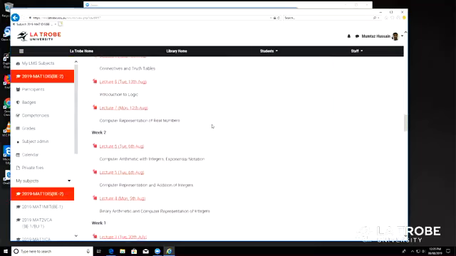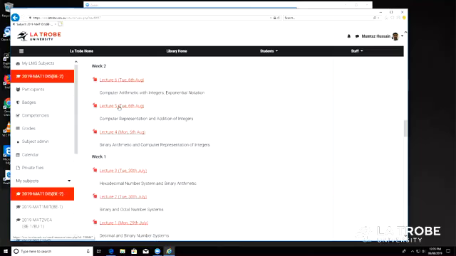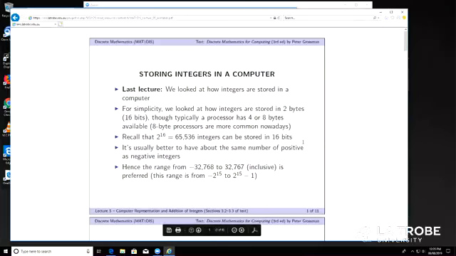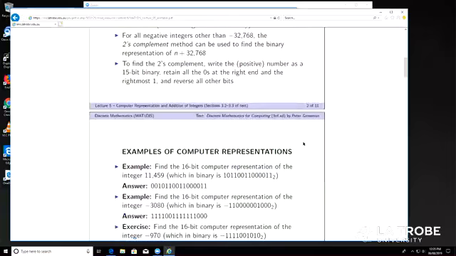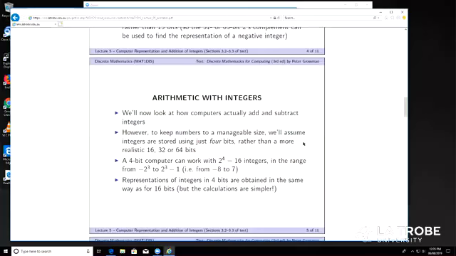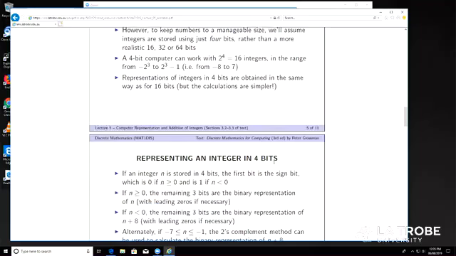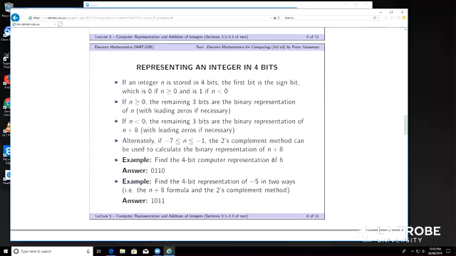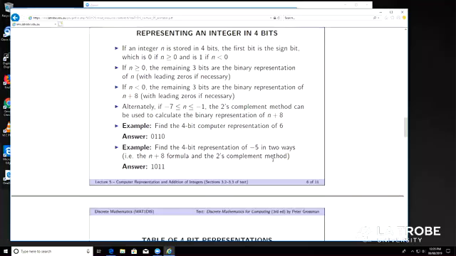Okay, here we are, week 2, lecture 5. So where were we? We were storing integers, and we learned up to 64 bits. Then what we are doing now, we are doing arithmetic with integers. When we say arithmetic, that means just addition, subtraction, multiplication, division. And for representation of an integer, first we look at how you represent them in 4 bits.